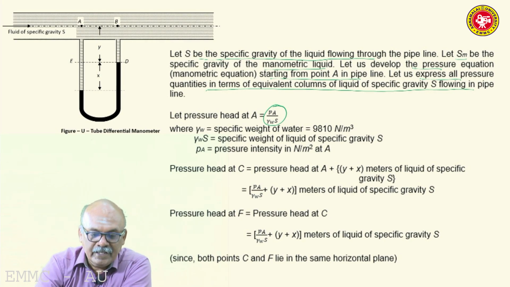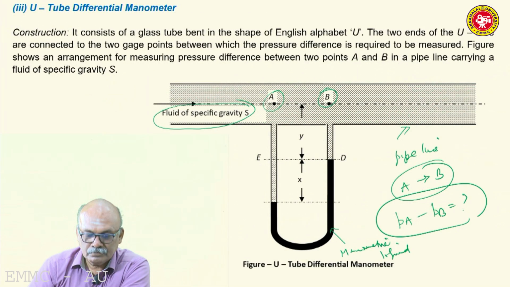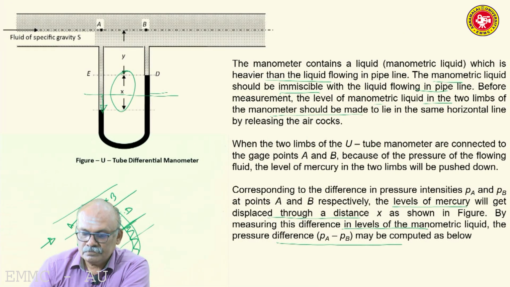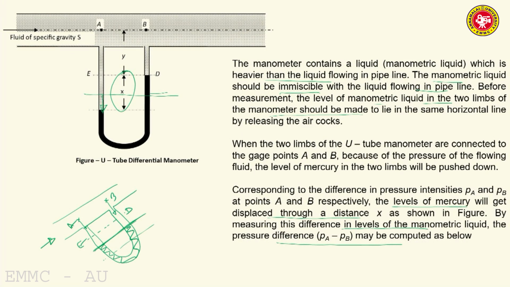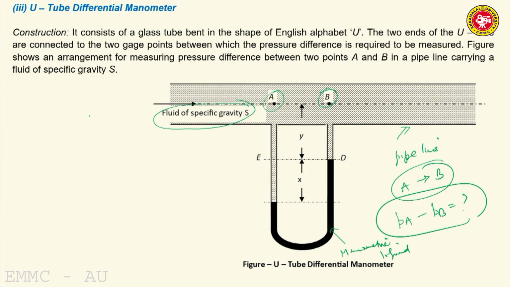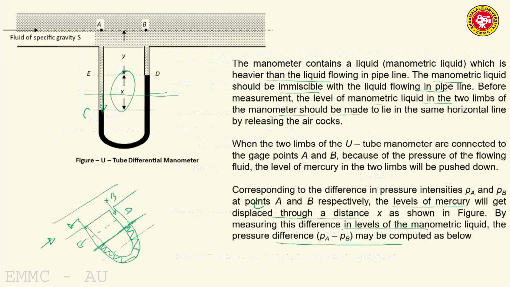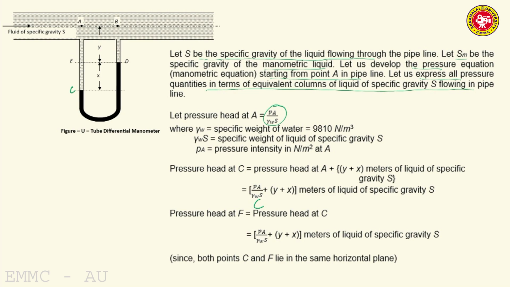Then the pressure here at C will be, this is C, in fact. Pressure head at A plus this column.